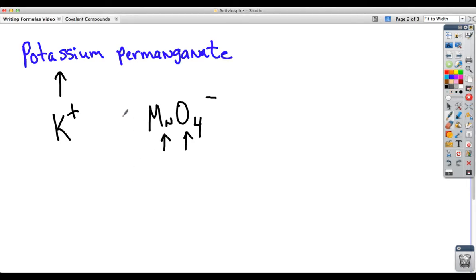So now that we have both the cation and the anion, we can now do our crisscross method. These are equal in size, 1 positive, 1 negative. They cancel each other out, so we don't have to do any crisscross. So our answer is KMnO4, potassium permanganate.